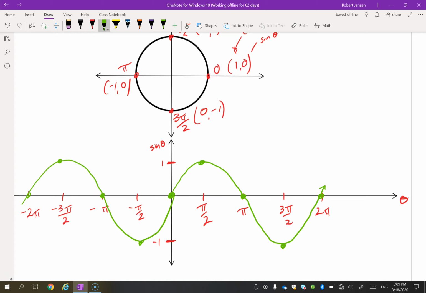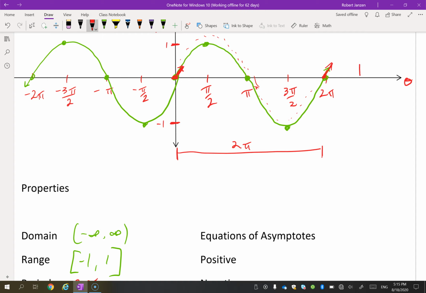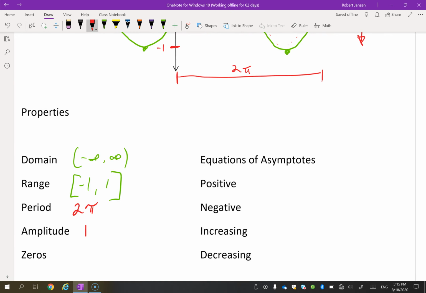The amplitude is how high or how much above or below the midpoint the graph goes. In this graph, the midline is the x-axis, and it goes up 1 unit and down 1 unit. So our amplitude is 1.